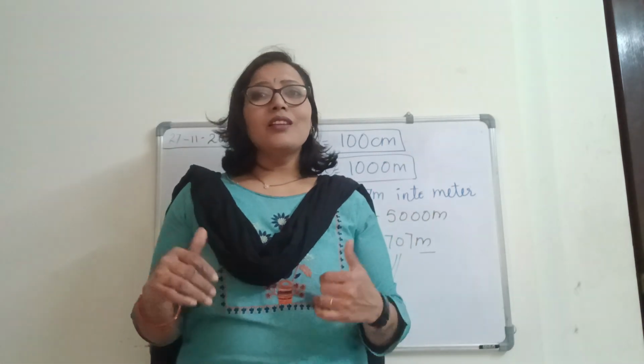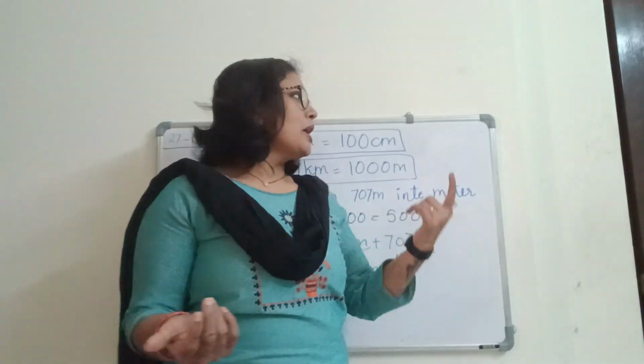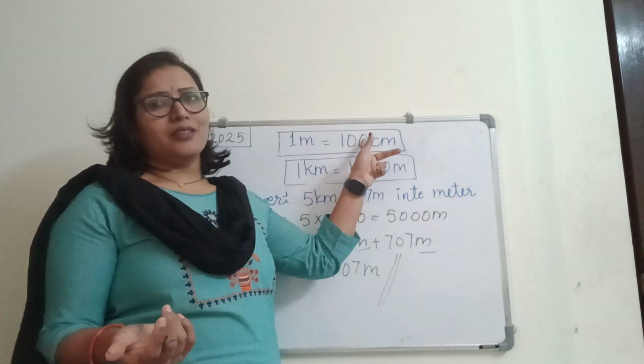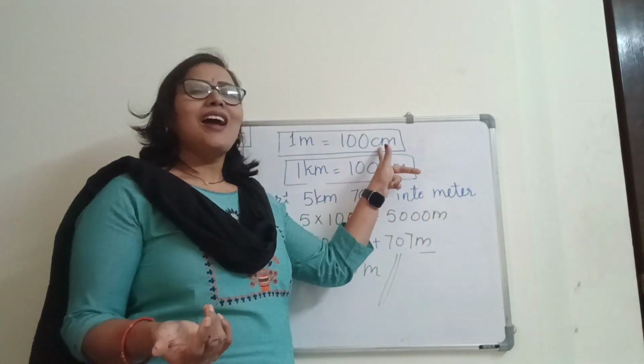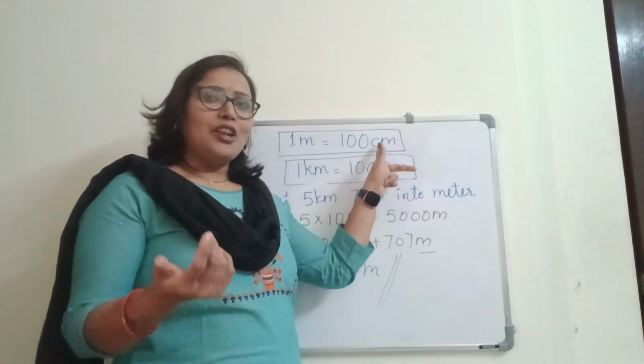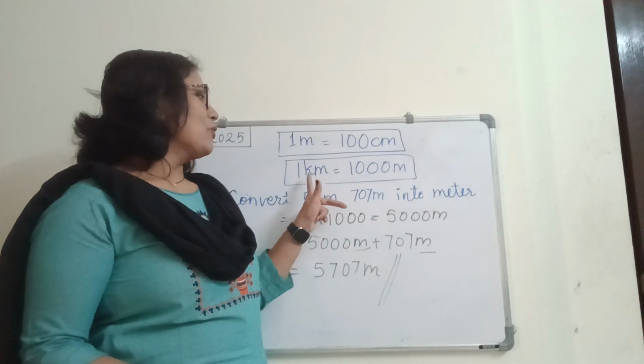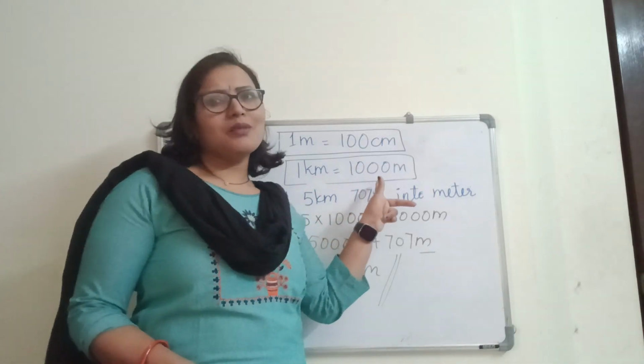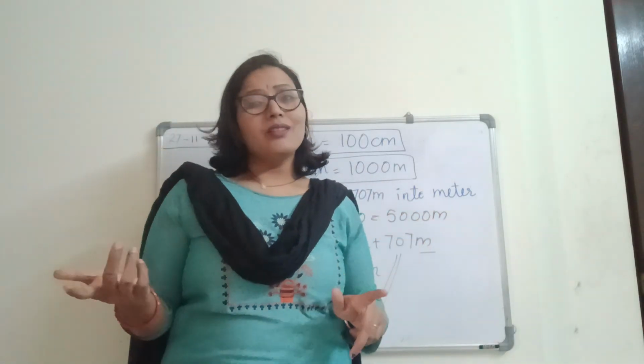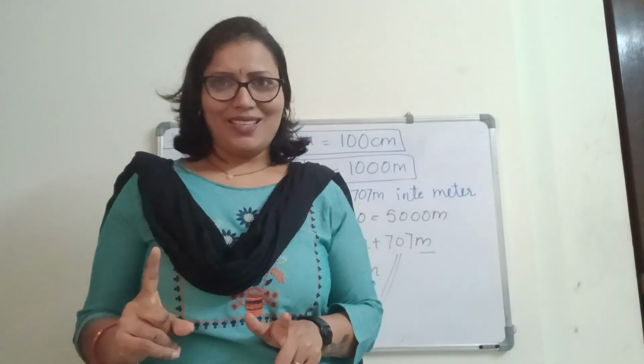We learned the relation between meter and centimeter. 1 meter makes 100 centimeter, and 100 centimeters make 1 meter. And 1 kilometer is equal to 1000 meter; 1000 meter makes 1 kilometer.